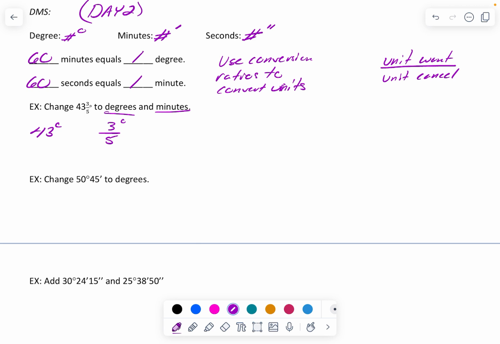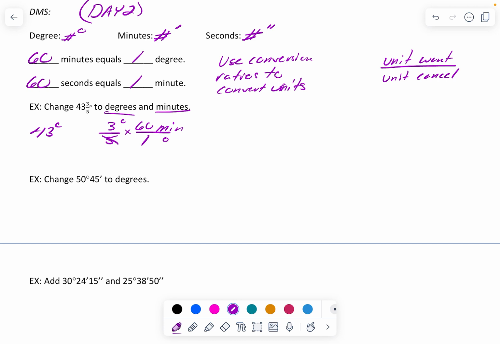So this is degrees, so we want degrees to cancel out. And we want minutes, so that's going to go on top. And so we know that there are 60 minutes in 1 degree. So that is a conversion ratio, 60 minutes over 1 degree. It's really like 1, right? It's just like 1 because they're equal.